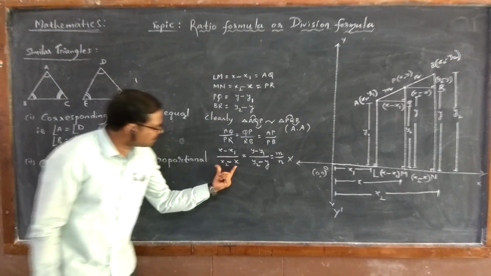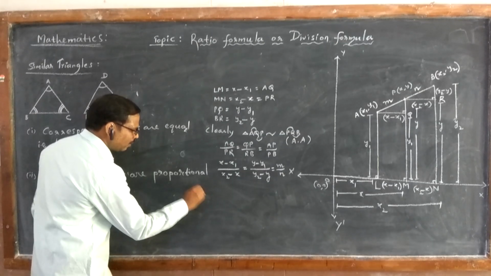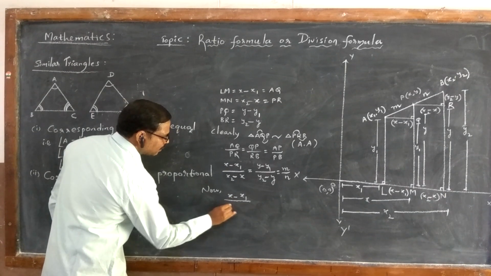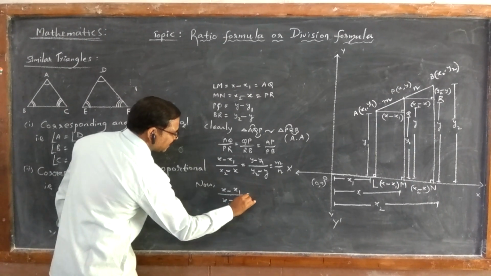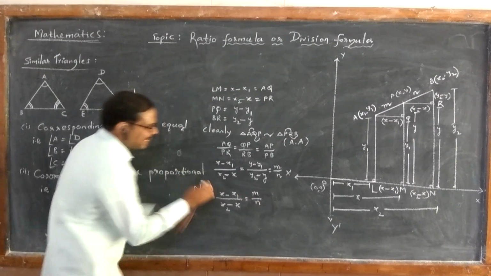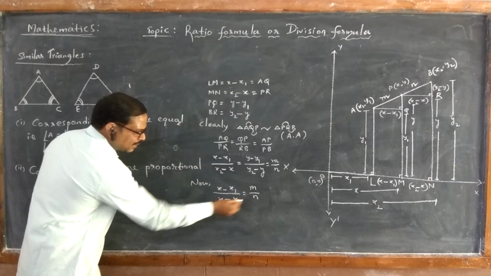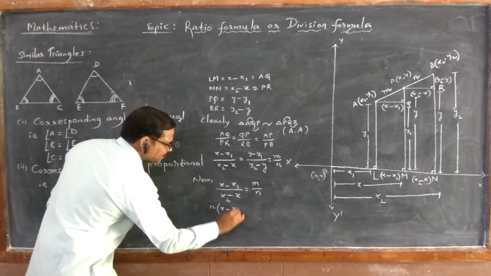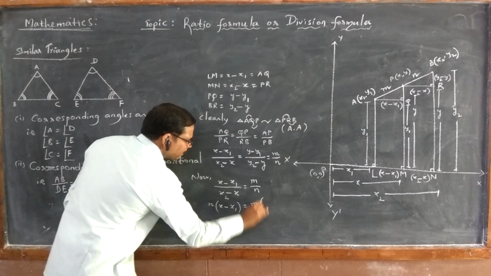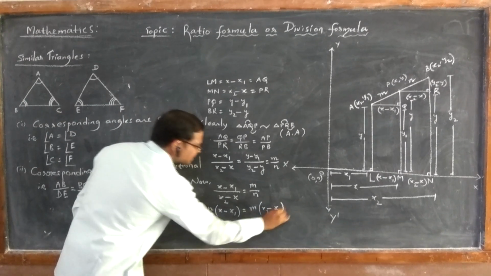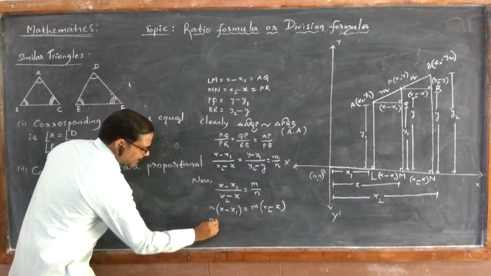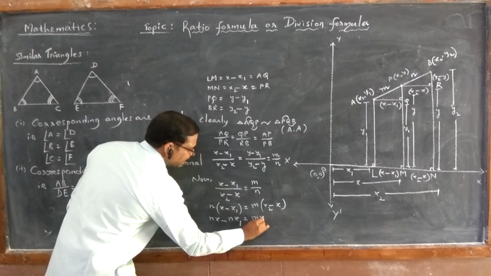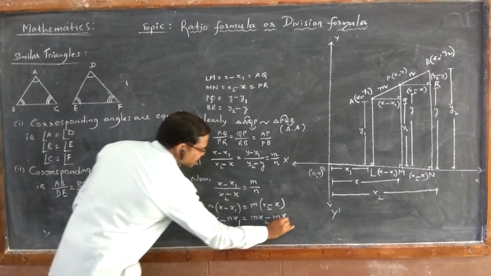Now consider first one and this one. Now I will take x minus x1 upon x2 minus x equal to m by n. Make first one and third one equal. Cross multiply. n of x minus x1 equal to m of x2 minus x. Multiply: nx minus nx1 equal to mx2 minus mx.